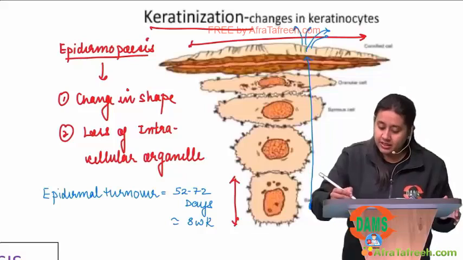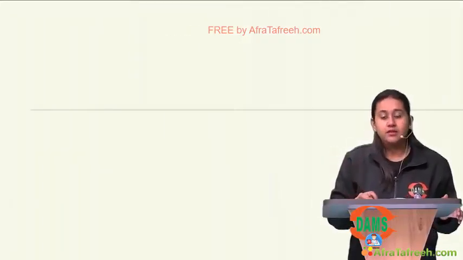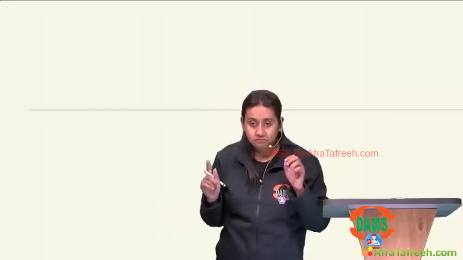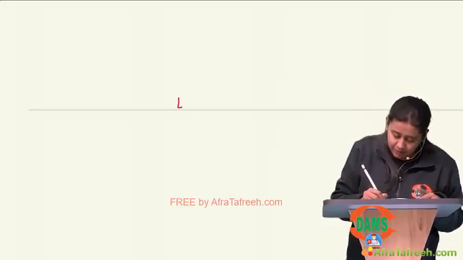Now coming to the different cells. We know that the epidermis is made up of a cell called keratinocyte. But do you have any other cells other than keratinocytes in your epidermis? The answer is yes. We see three more cells in your epidermis other than keratinocytes.